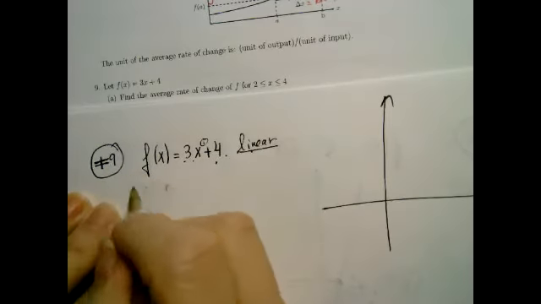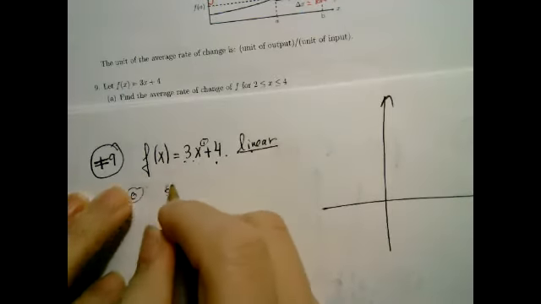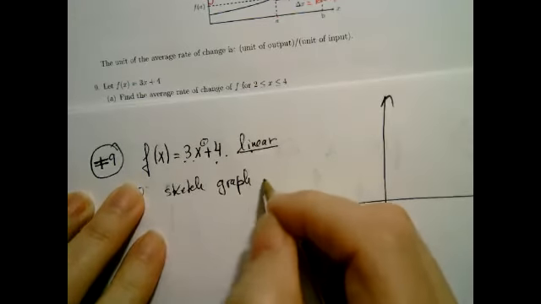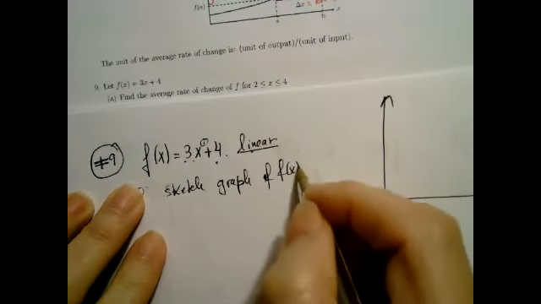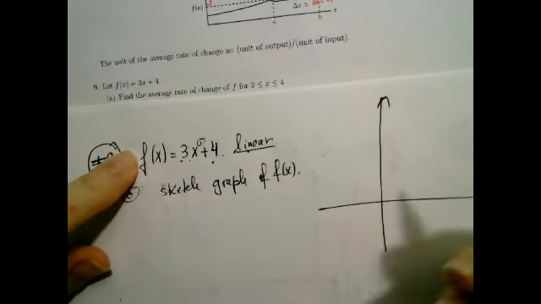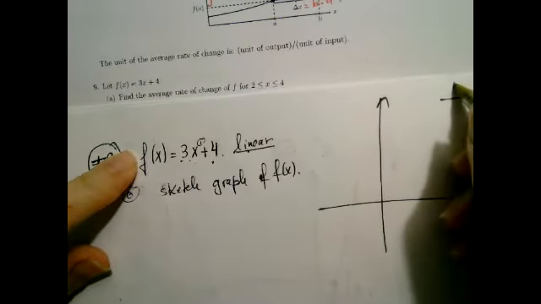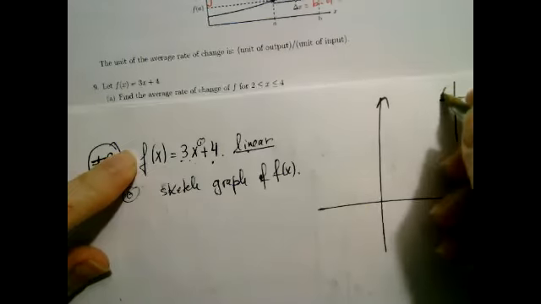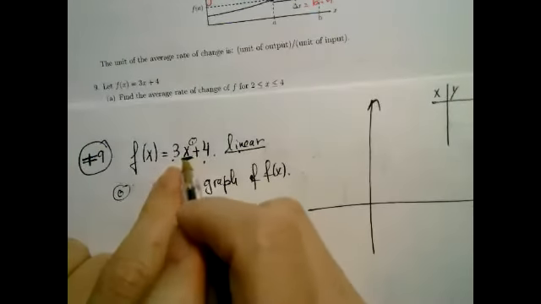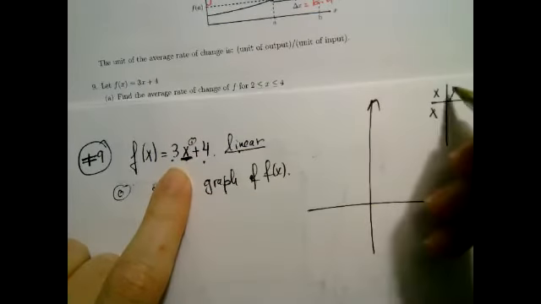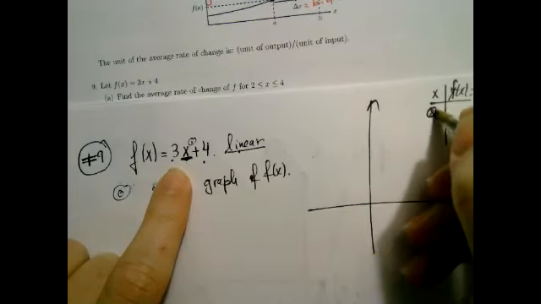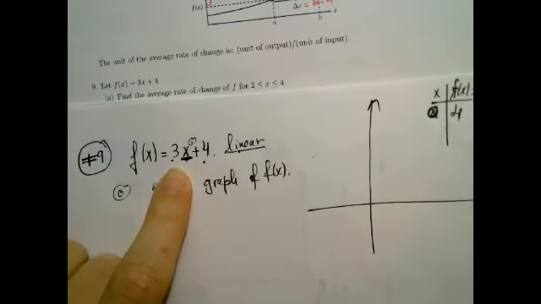So I'm going to add one question: sketch the graph of f. That's a straight line. How can I sketch the graph? One easy way is I need 2 points. Once I know 2 points, I can sketch the graph. If x is 0, the function is 3x plus 4, so that's 4.